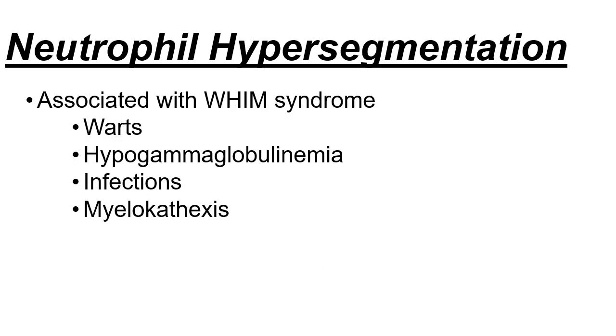So, naman, it is associated with another syndrome called WHIM syndrome. And WHIM syndrome is actually a mnemonics which stands for number 1, warts. Okay? Number 2, hypogammaglobulinemia. Ano ibig sabihin nitong hypogammaglobulinemia? Decreased levels of your gamma globulins or in the form of antibodies.